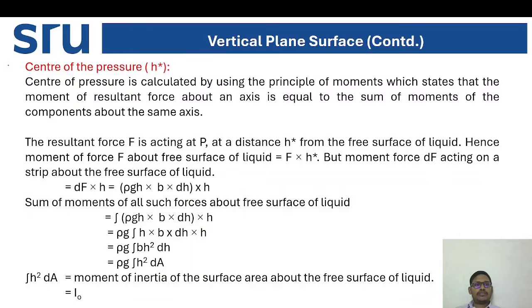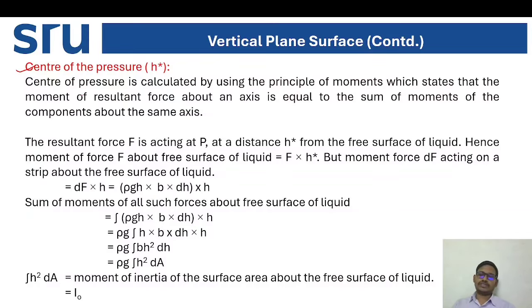Now the center of pressure is calculated by using the principle of moments, which states that the moment of the resultant force about an axis is equal to the sum of the moments of the components about the same axis.